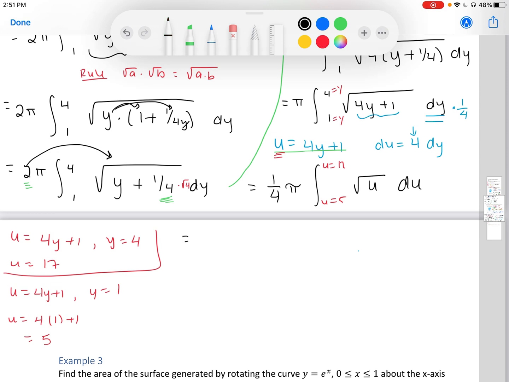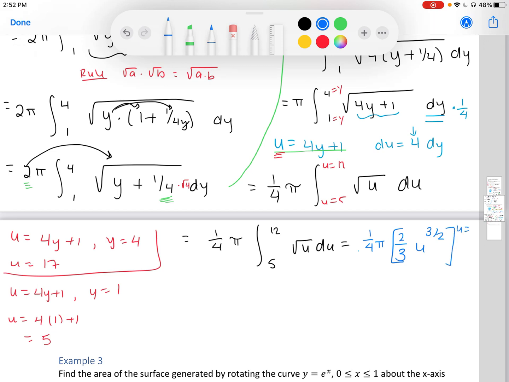All right, so we have 1/4 pi integral from 5 to 17 of the square root of u du. Let's go ahead and integrate. So we have 1/4 pi, and we have u to the 1/2 power plus 1, which gives 3 over 2. We divide by our new exponent, which is the reciprocal, 2 over 3.